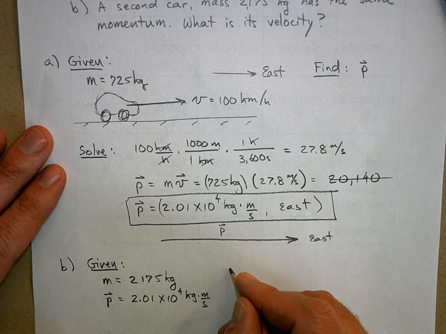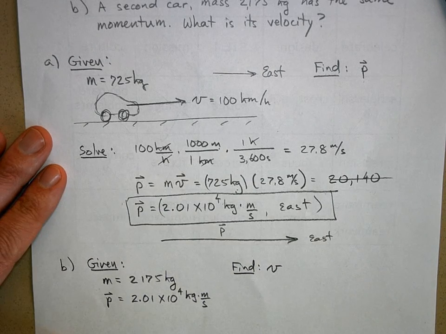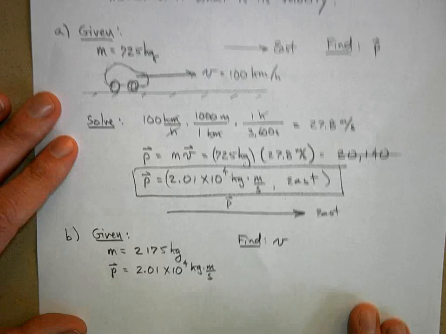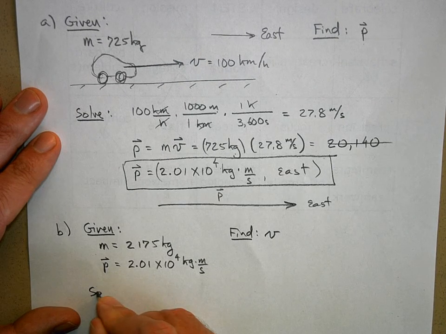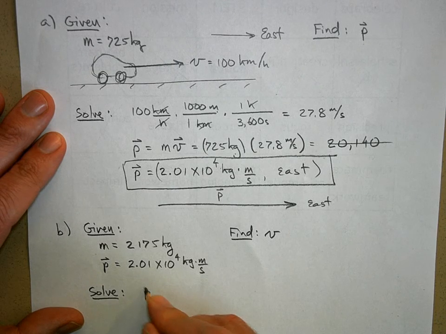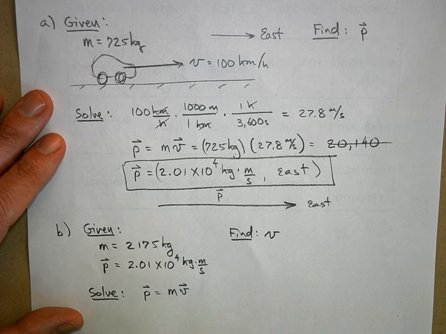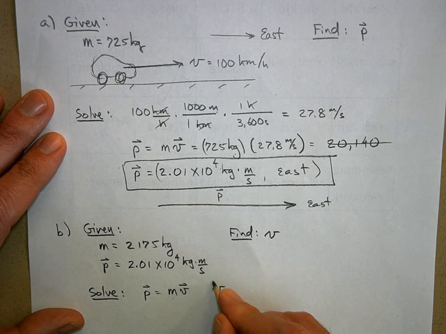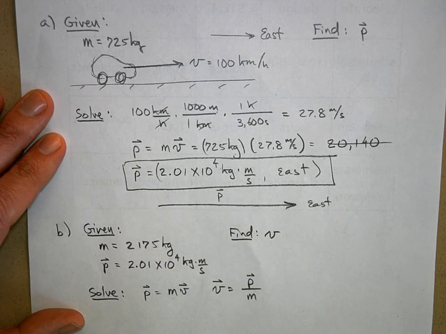And what do we want to find? Well, what is its velocity? So let's solve. Well, we know that momentum is equal to mass times velocity. If I know the momentum and the mass, I can solve for the velocity. So velocity is just equal to the momentum of an object divided by its mass.